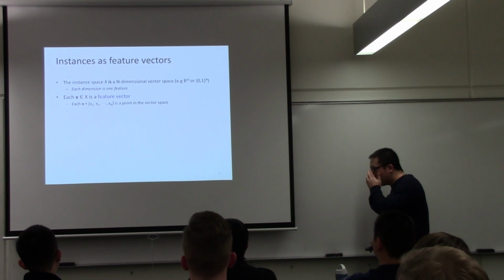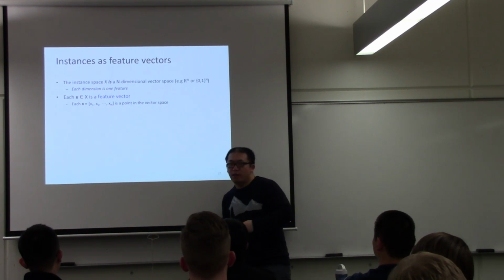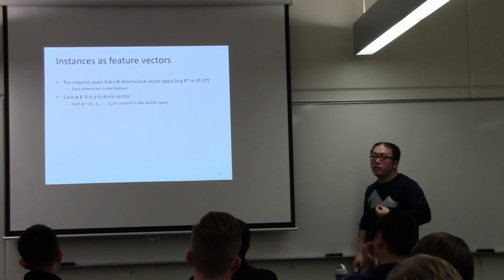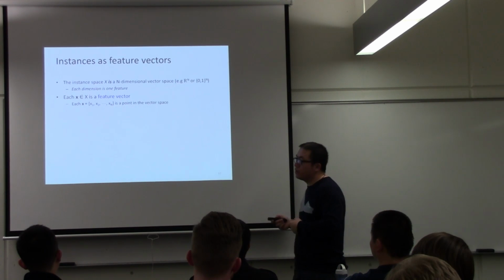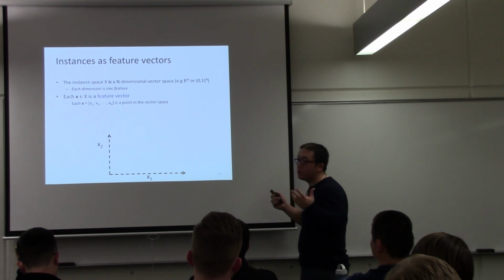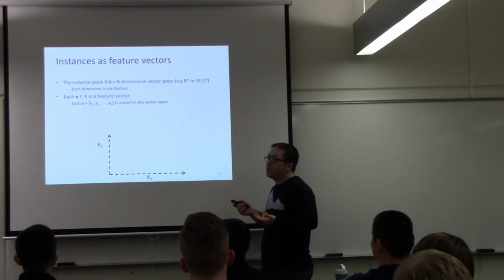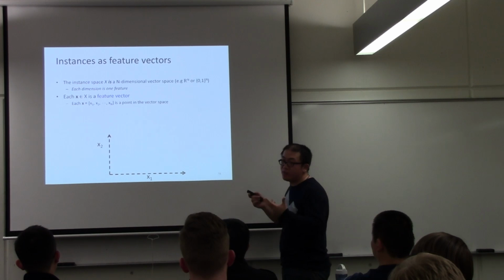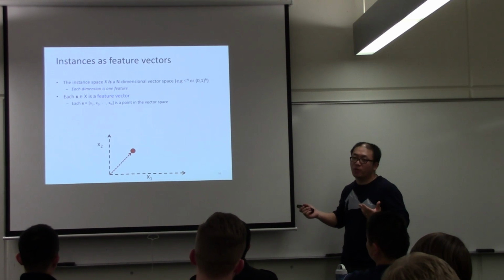And an important geometric view is that the feature vector can be considered as a point in our feature space or instance space. For example, if our feature function generates two-dimensional features, then each feature vector, or in other words, each specific instance, is actually a two-dimensional vector, which corresponds to one point in our instance space, right?